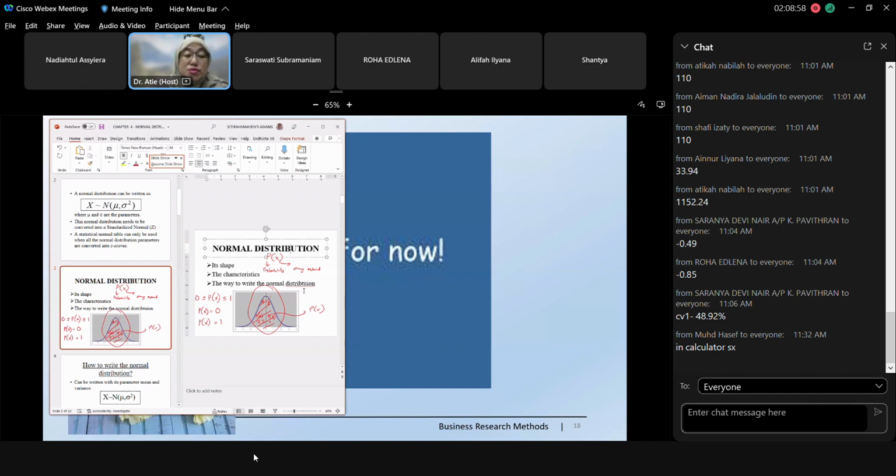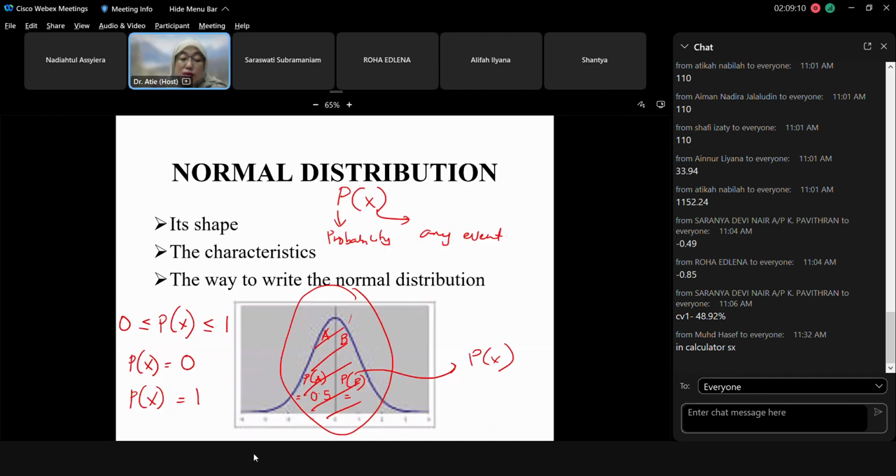Distribution. For sure, it is also 0.5 because they have equal area. The area must be the same. And then when you add probability A and probability B, the answer should be 1, because the maximum value of probability will be 1. All right.